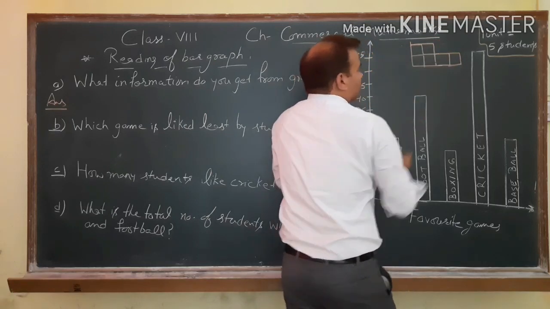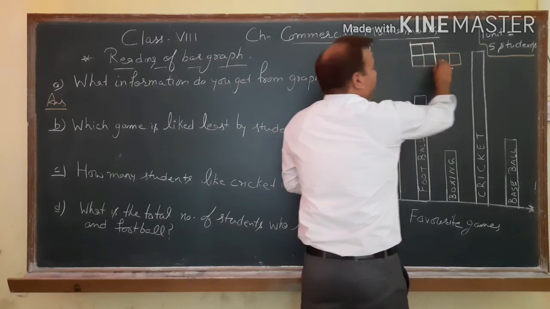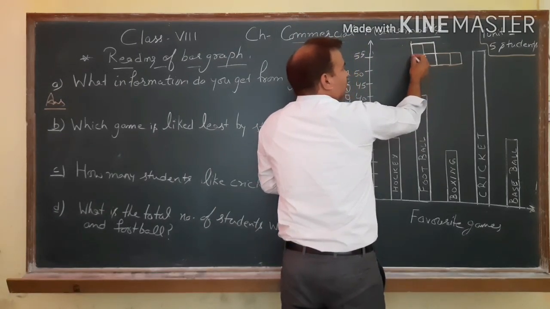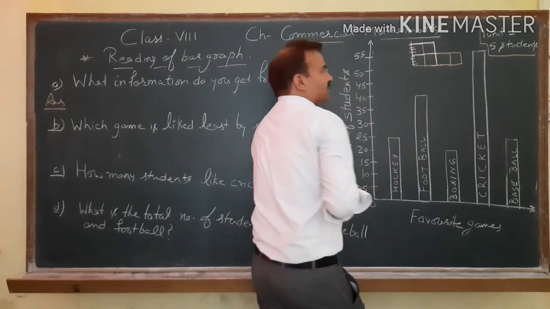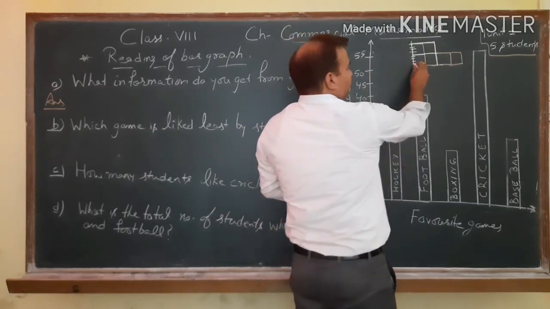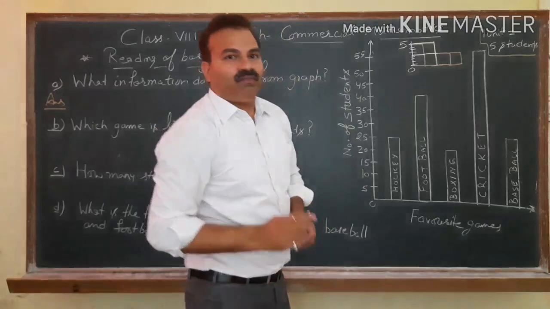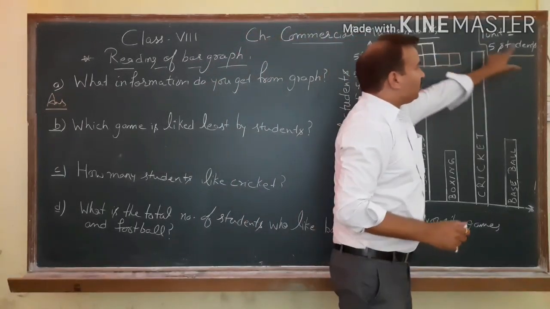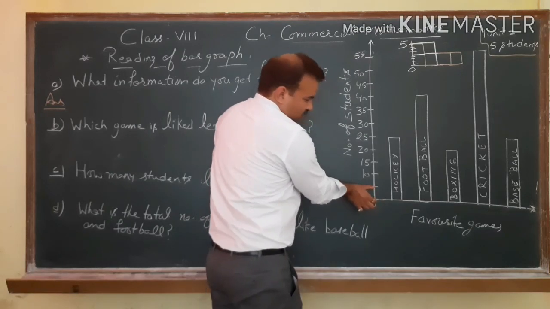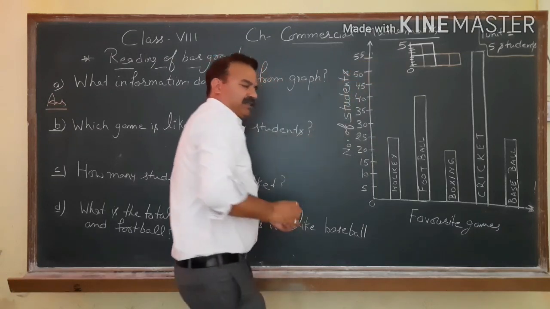This is a small box and this complete one is a big box, which is further divided by 10 lines. So here one complete big box is taken as 5. It means this is 0, and this is taken as 5. So 1 unit is equal to 5 students. This 1 unit means 5 students, then 5 makes 10, then 15, 20, 25, like this.